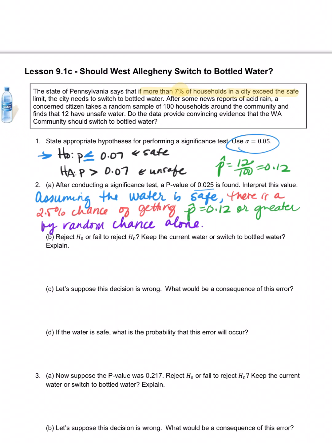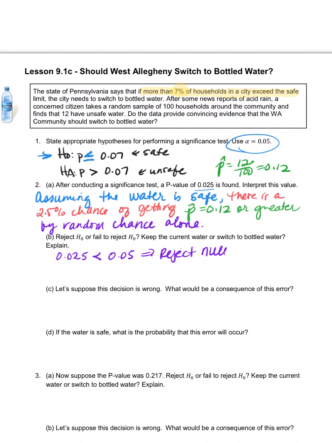Okie doke. Now we make a decision. Reject or fail to reject. Well, go back to that p-value. It says 0.025. We compare it to alpha of 0.05. Is it less than or greater than? It's less than. What did we say? If the p is low, we reject the null. So we're going to reject the null hypothesis.